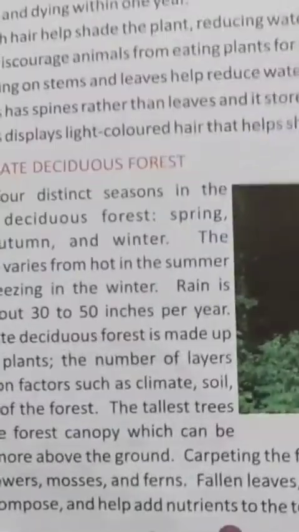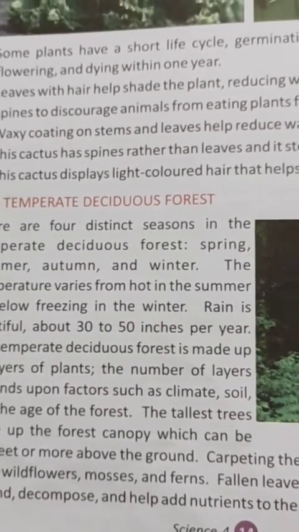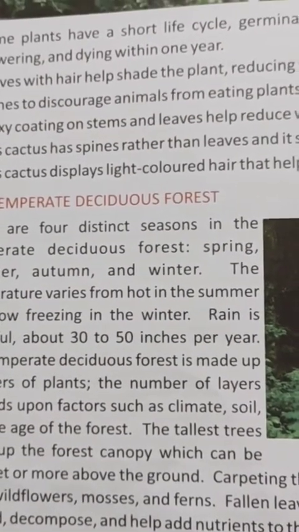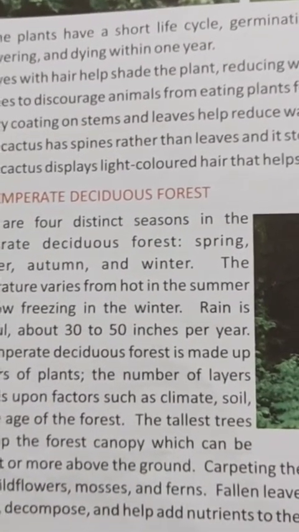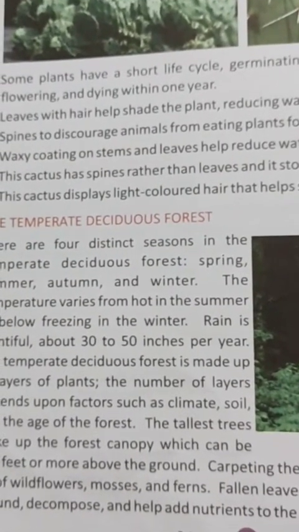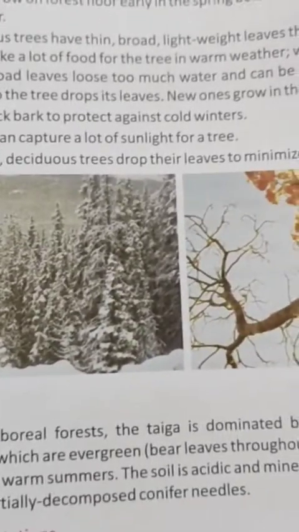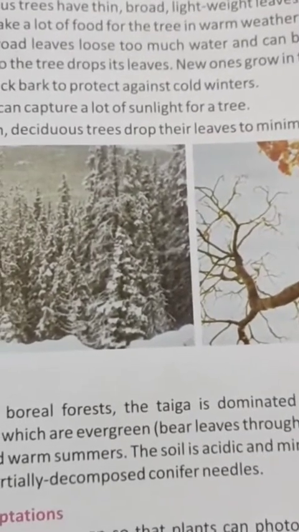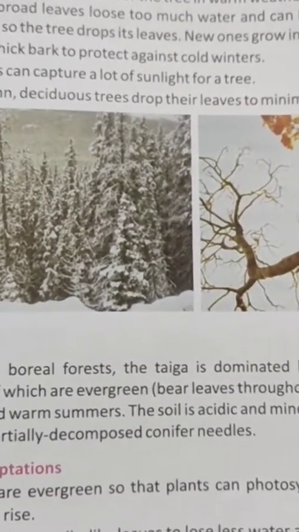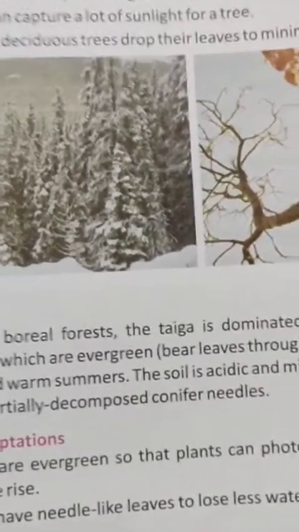Temperature. In the temperate region, there are 4 distinct seasons in the temperate deciduous forest: spring, summer, autumn and winter. The temperature varies from hot in the summer to below freezing in the winter. Since the temperature always varies, many plants adopt special features to survive in that atmosphere.